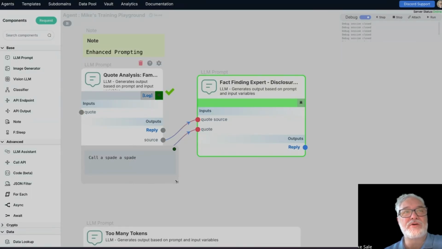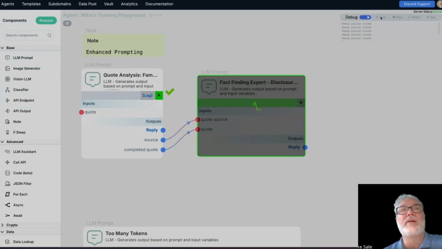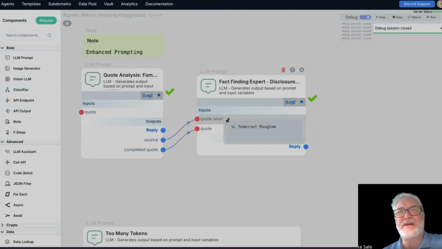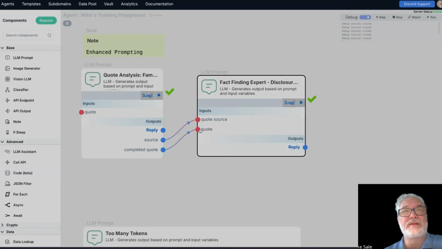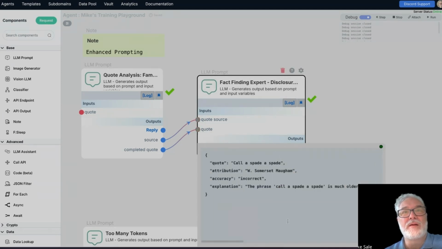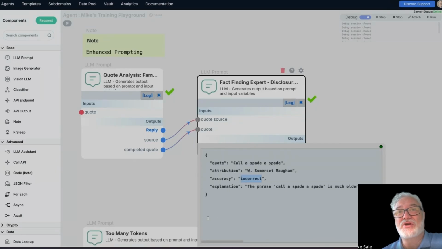Just to make sure here, call a spade a spade. Now let's take a look. Oh, that's interesting. Is that actually the correct source? Let's actually take a look. Very interesting. Is that actually correct?